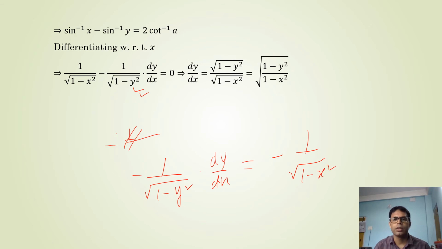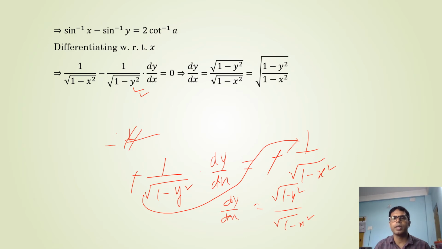So this minus and minus cancel. Then you cross multiply these two terms to the numerator, which means I can write dy dx is equal to simply root over 1 minus y square divided by root over 1 minus x square. I thought you would do this yourself.